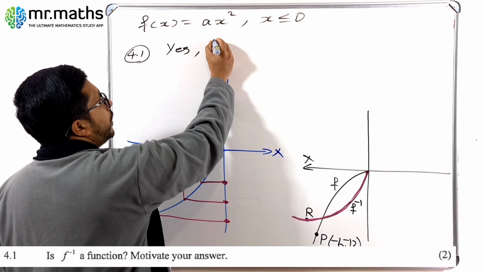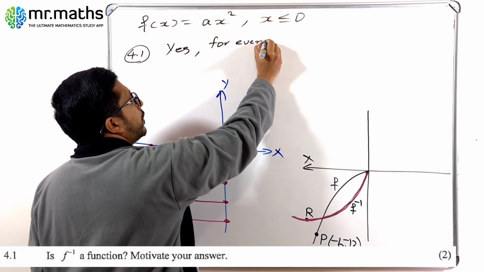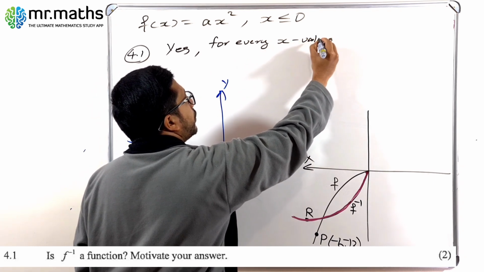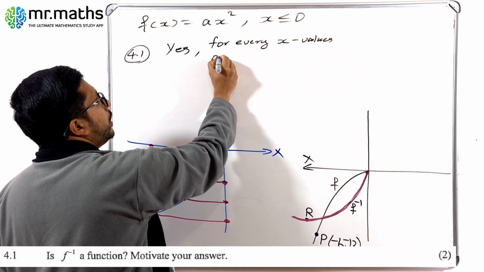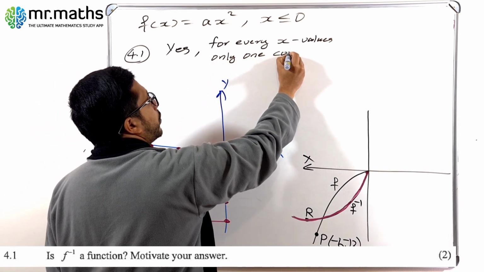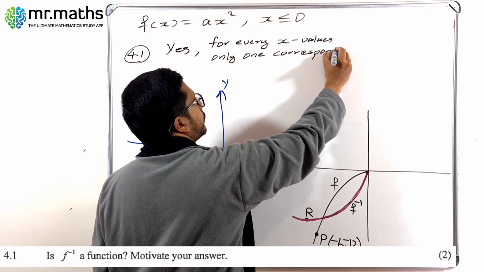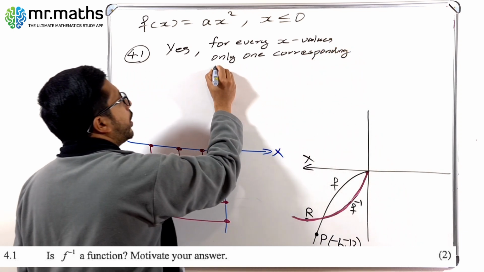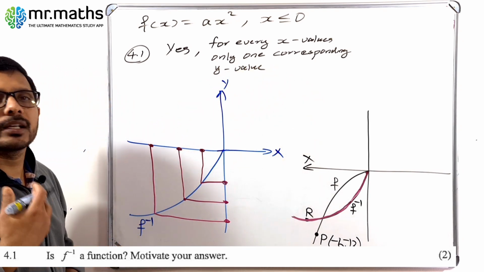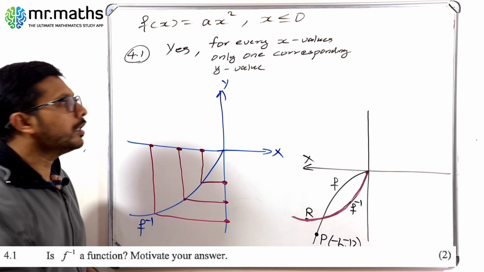For every x value there is only one corresponding y value.